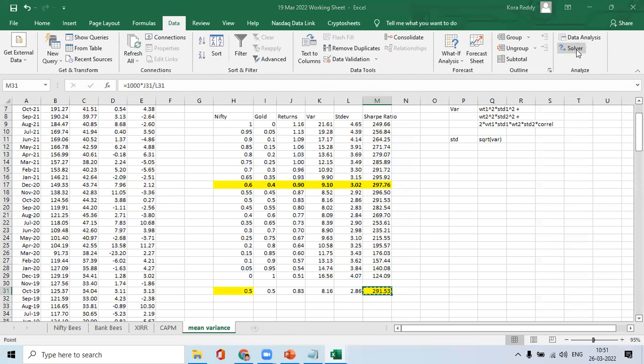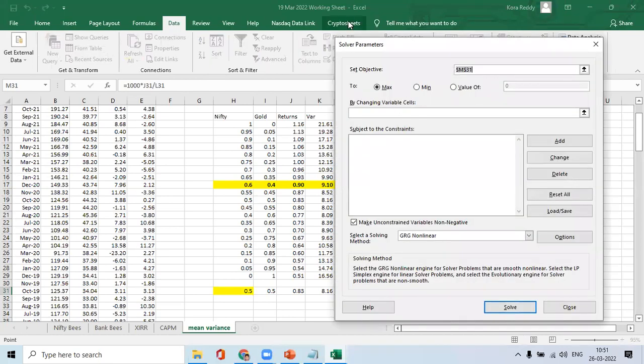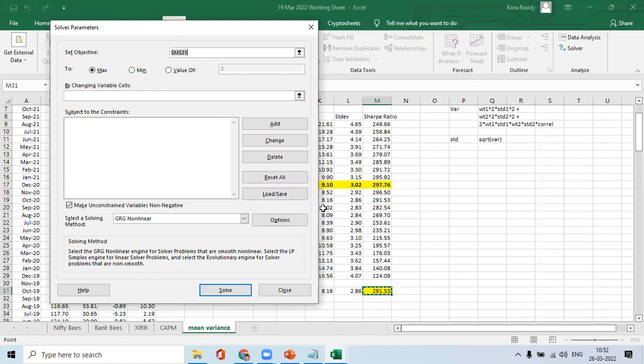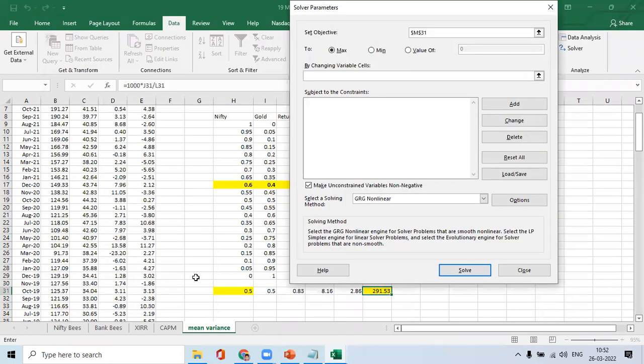Solve what? Solve Sharpe ratio, M31. Yes, I want it to be maximum. How do I solve? By changing here. That's it.